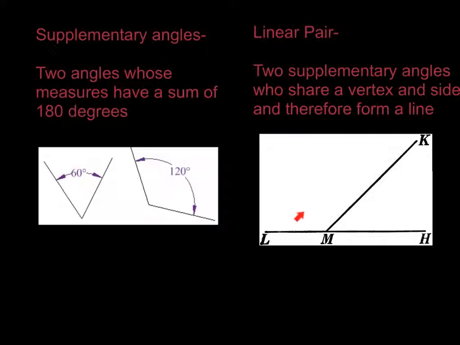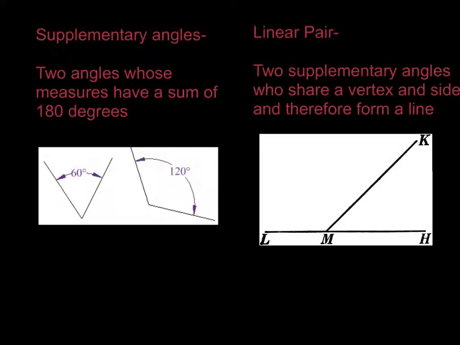So if we look here, angle LMK, it shares a vertex M and it shares the side MK. That angle is going to be supplementary to angle KMH. And because they share a side and a vertex, we call those a linear pair.